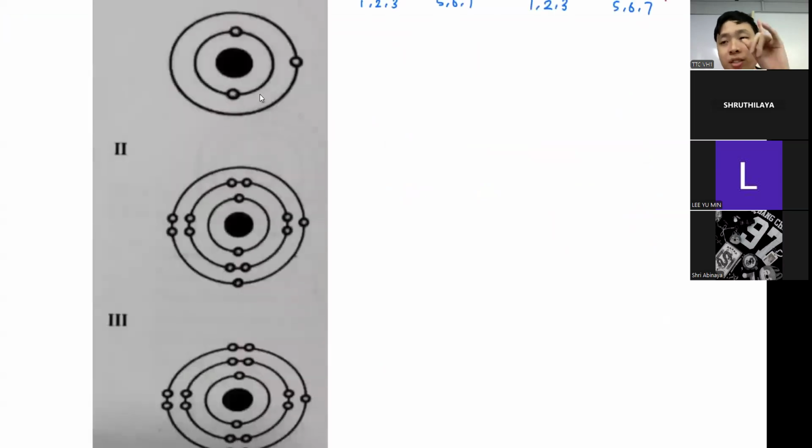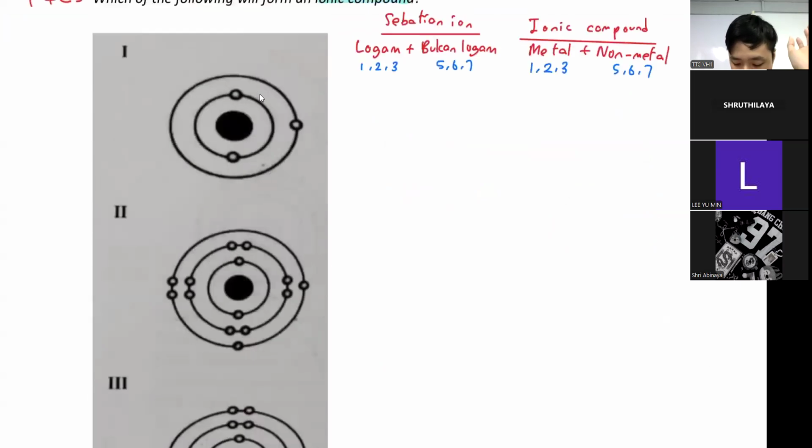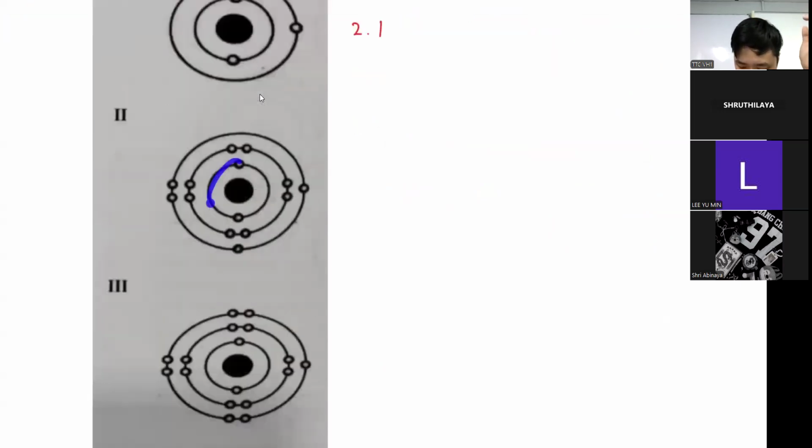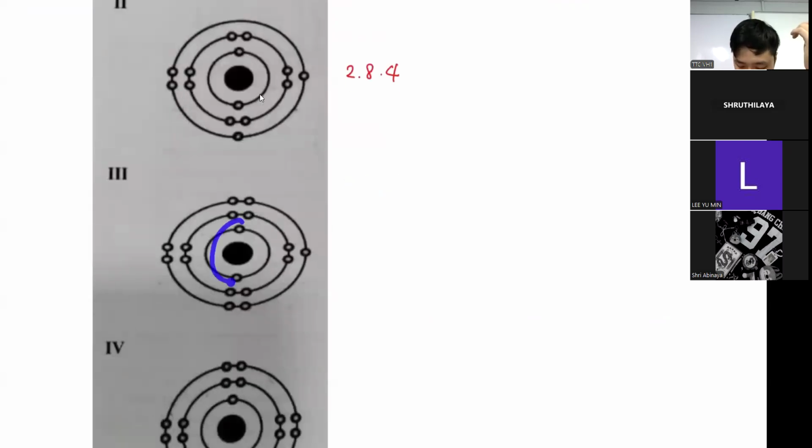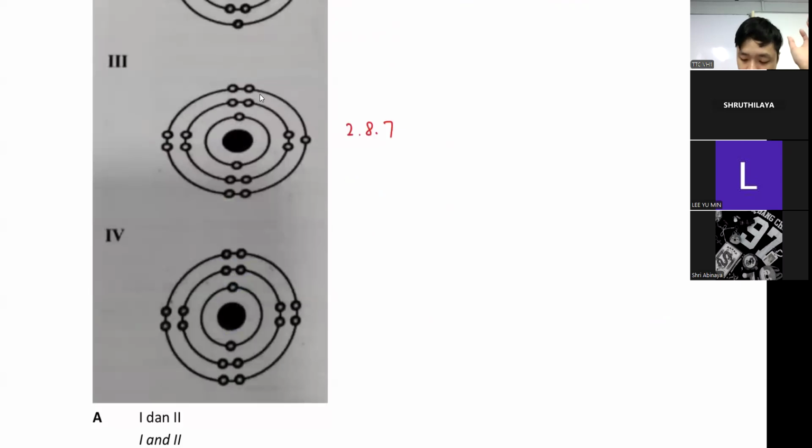Okay, the best is we find out each electron arrangement. Best, right? So you see first is 2.1. Second, 2.8.4. Third, 2.8.7. Fourth, 2.8.8.